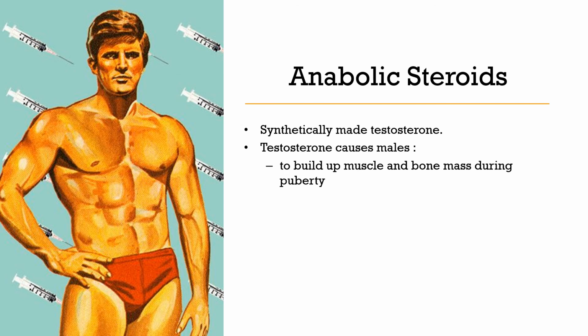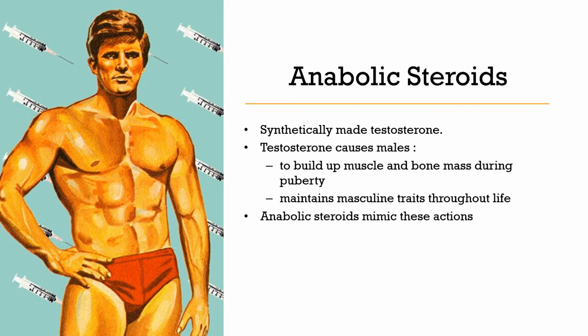Okay, so you often will see a very dramatic height or growth spurt for males going through puberty. They often can start very short during middle school, and then by the end of high school have grown a foot. And they also are going to increase muscle mass. Testosterone then is continuously produced throughout the life of the male, and that continues to maintain those different masculine traits.